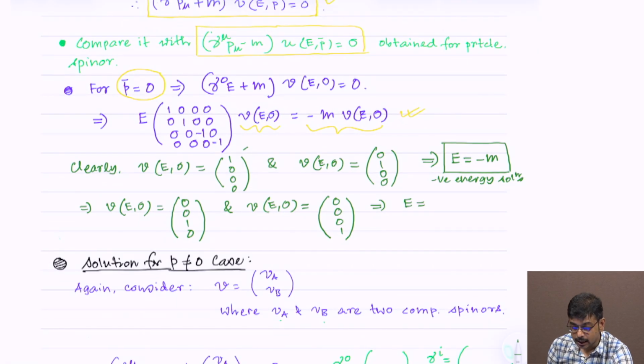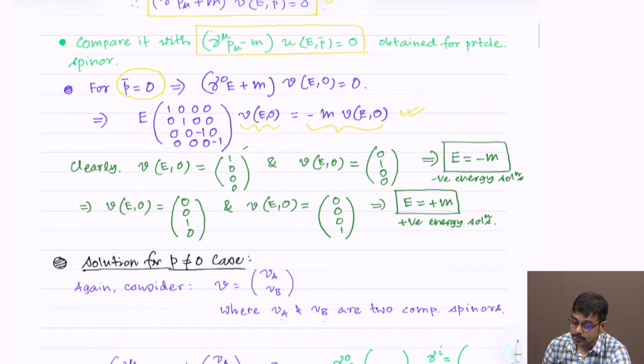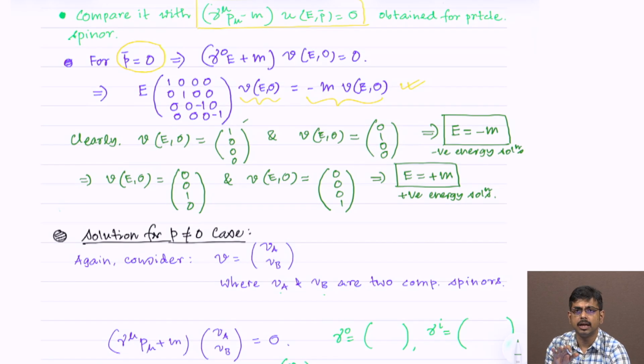On the other hand, for v, (0 0 1 0) and (0 0 0 1), if you put it here, this is going to give you E equal to plus m for p tending to 0. That basically means that these are going to give you positive energy antiparticle solutions. So now we are also getting 4 solutions in this antiparticle case too, 2 positive energy and 2 negative energy solutions.